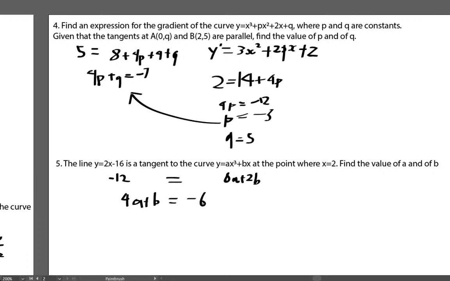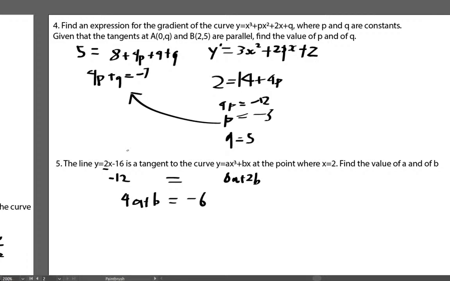But what about the second equality? You need to think a bit more. The tangent line: you know the gradient because you know about the line. For a linear equation, anything multiplied by x is the gradient, so the 2 here is the gradient.